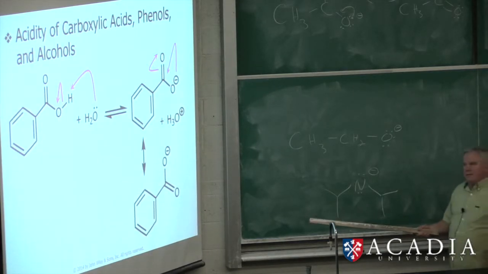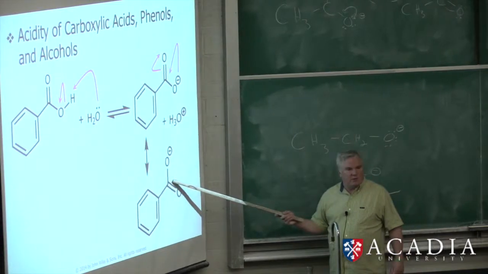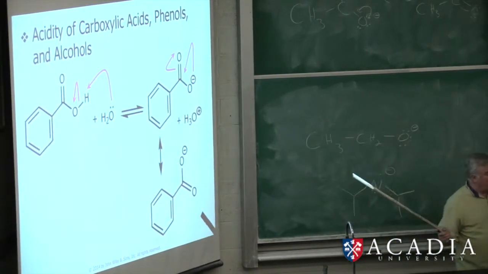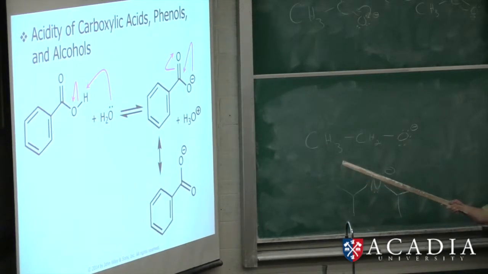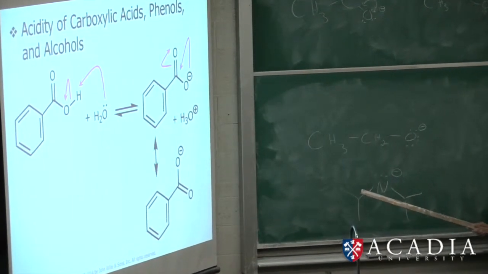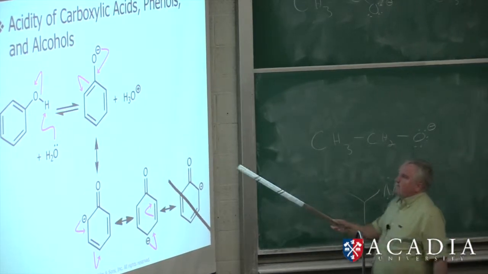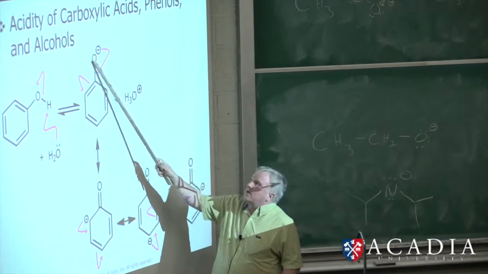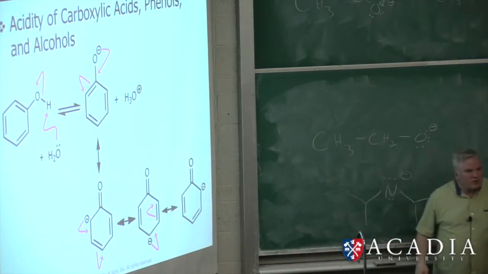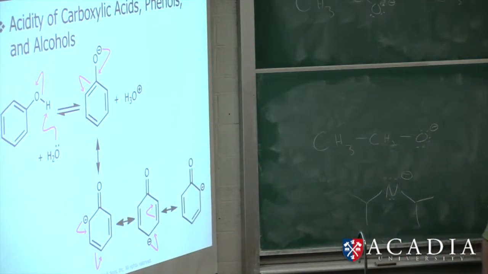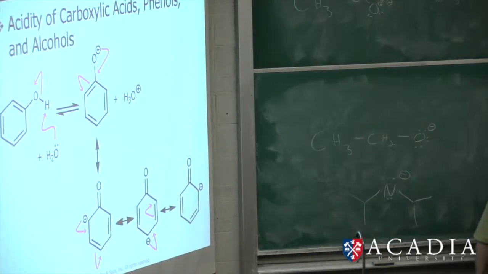Why then is this more stable? Can anybody tell me? I can distribute the charge amongst 2 different atoms there. I'm distributing the charge amongst 2 different oxygen atoms. Here I'm distributing the charge amongst 4 different atoms, an oxygen atom, and we can actually distribute it amongst 3 of those carbons. So does anybody know why?